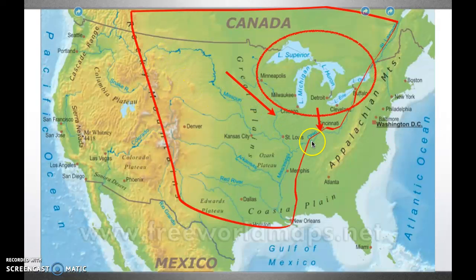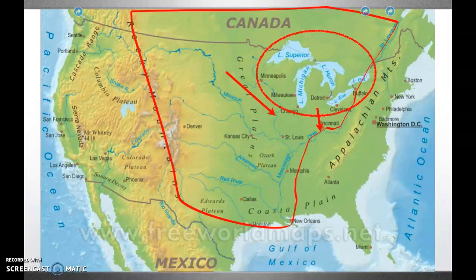So right over here is the Ohio River Valley. Here is the Mississippi River Valley, the Great Lakes, and this small little area right here, and of course I'm being sarcastic, the massive entire central part of the United States, which will become known as Louisiana. All of this land is claimed by the French.